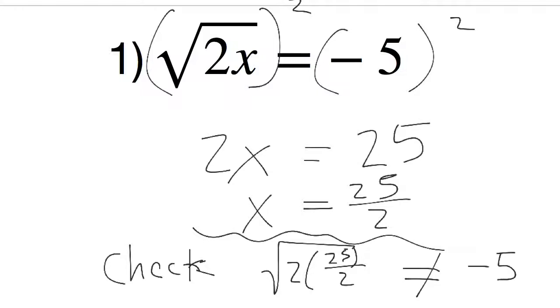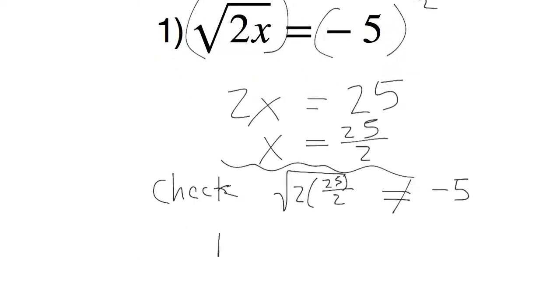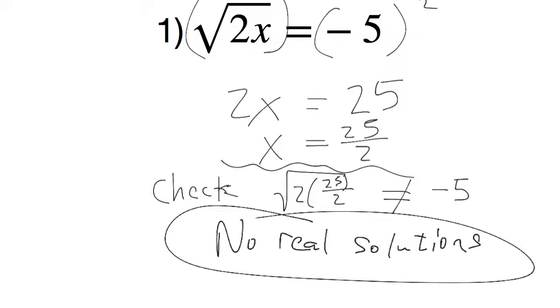The 2's cancel, and you take the square root of 25, and that's not equal to the negative 5. So there are no real solutions here. There might be some imaginary solutions, but we're not going to worry about that in this section.